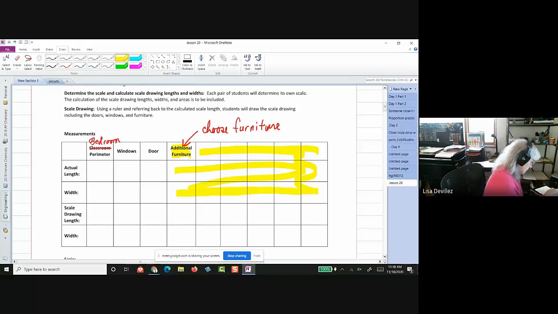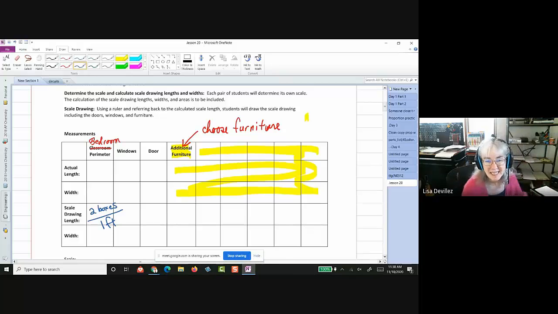But you're going to choose a scaling factor. So maybe you say that two boxes on the graph paper is equivalent to 1 foot.